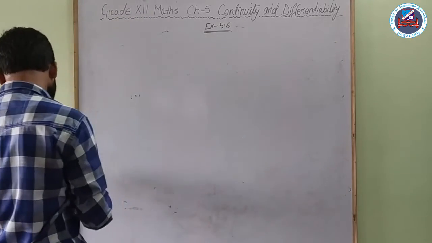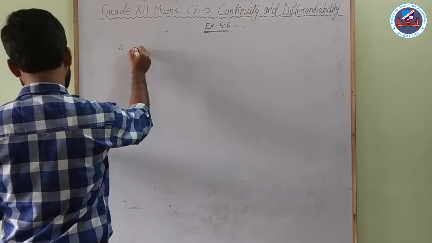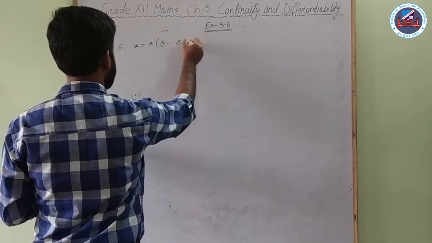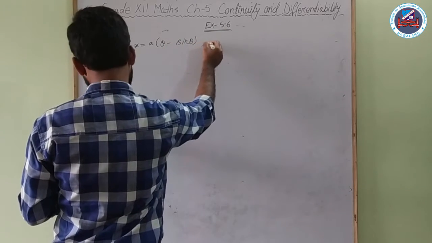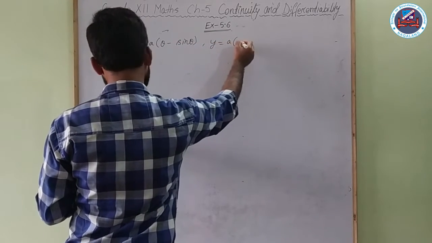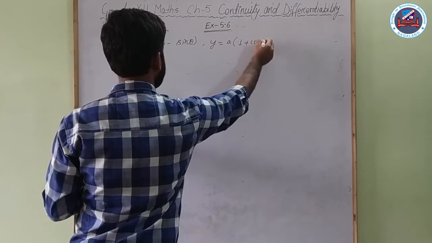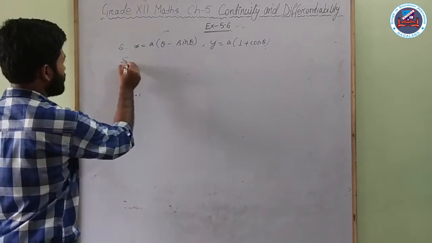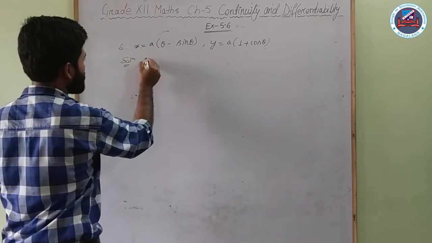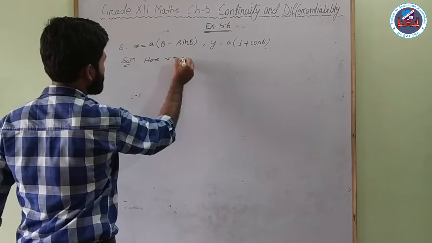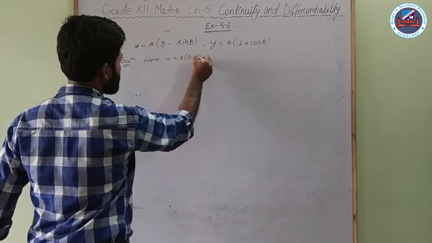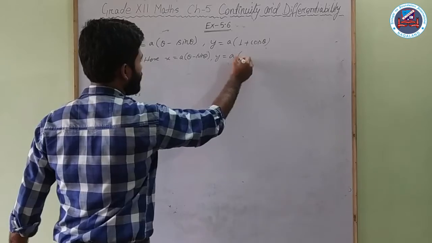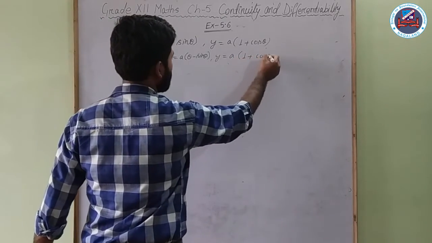Here in question number 6, we have x is equal to a(theta minus sine theta) and y is equal to a(1 plus cos theta). So how to do it? Solution. Let's write the given question here. x is equal to a(theta minus sine theta) and y is equal to a(1 plus cos theta).